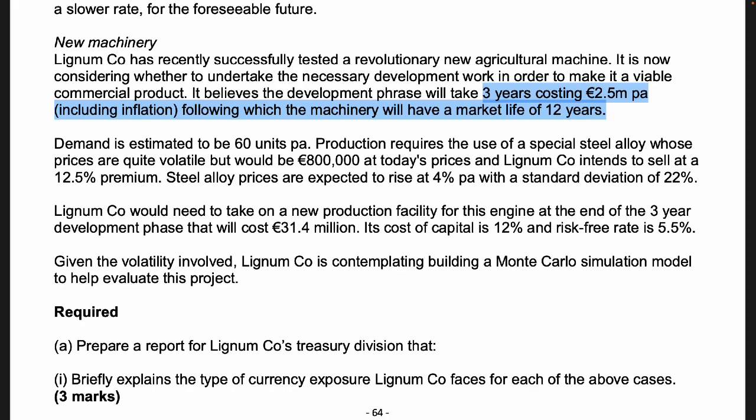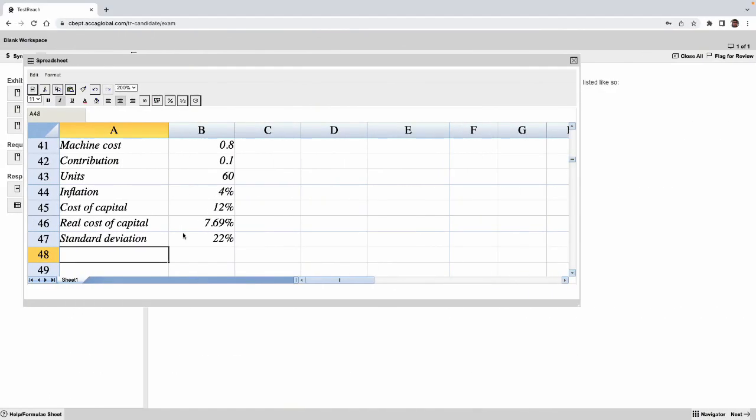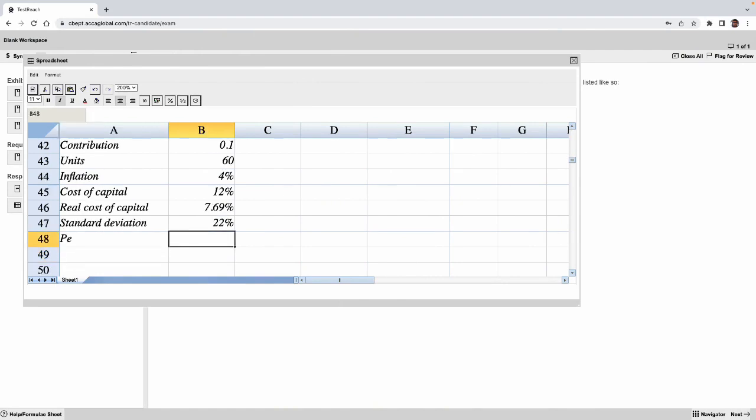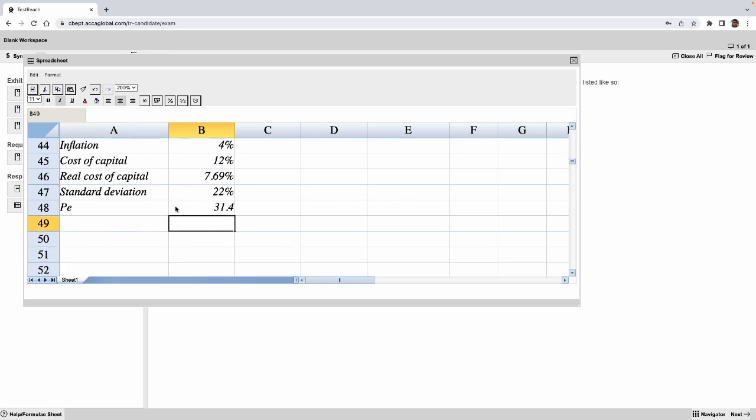I do need to figure out how much the other factors are. Now I already got my PE, got it?